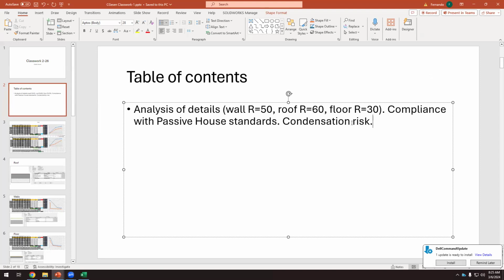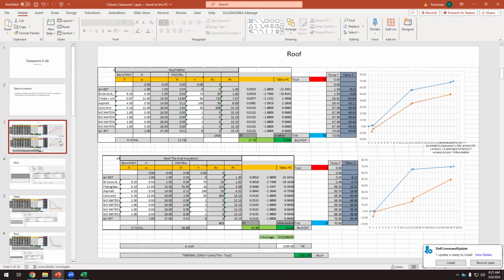We are talking about condensation risk. It doesn't mean that if in this graphic we don't have intersection between the two lines, oh, that's fine. That depends, because you see that when we have a wall, the wall is not infinite. We have to put together two walls because they have constraints for transportation. So if they have to put together two pieces of wall, then they have to seal the joint between them.